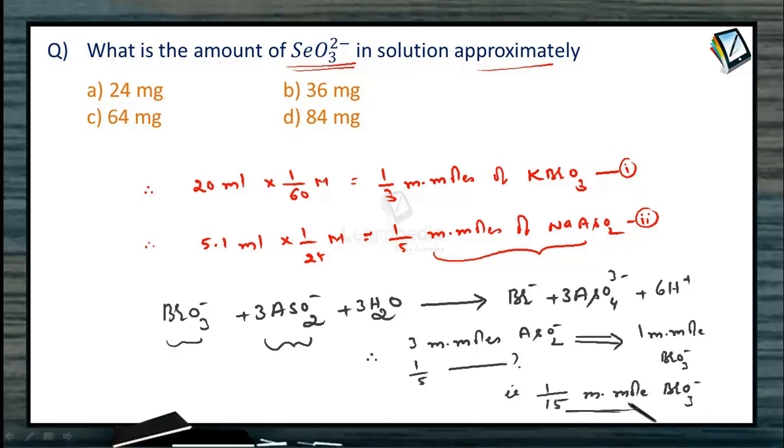So the total used is 1/3 millimoles of KBrO3, out of that 1/15 is left over. So how many millimoles of KBrO3 is actually used up?